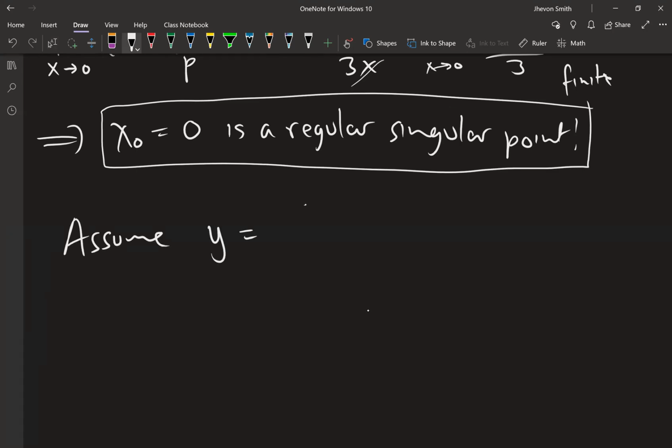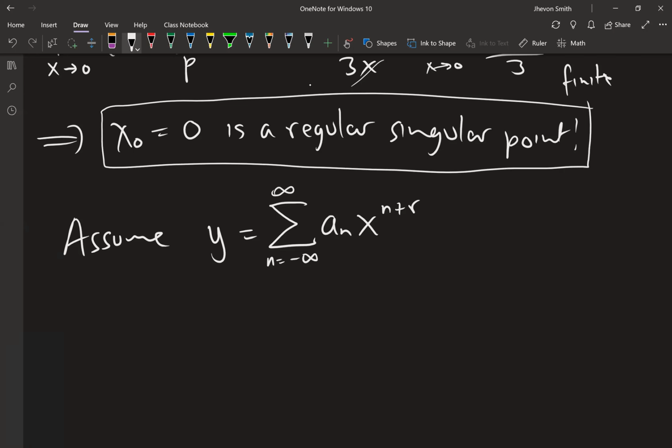The assumption is we're going to assume y equals the series of a n x to the n plus r. And let's do the one where we don't have to really worry about the index.